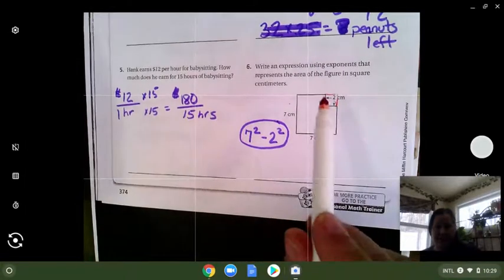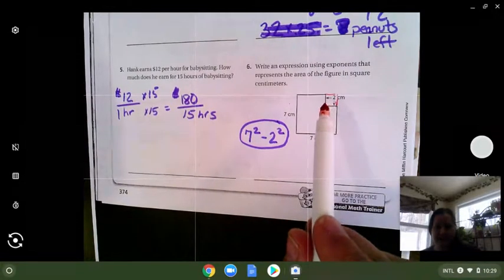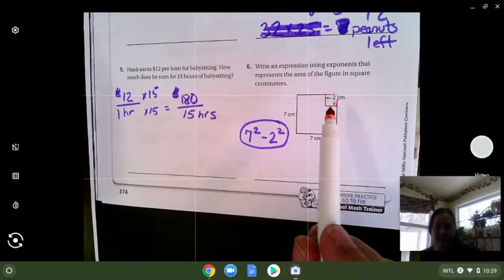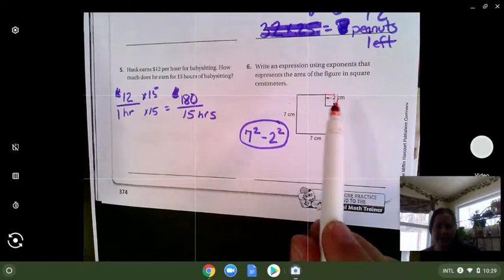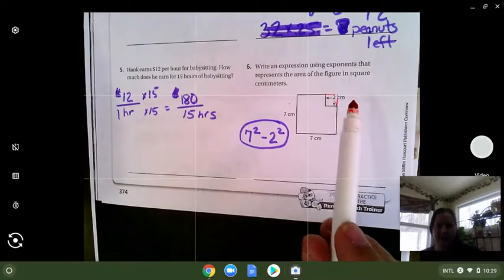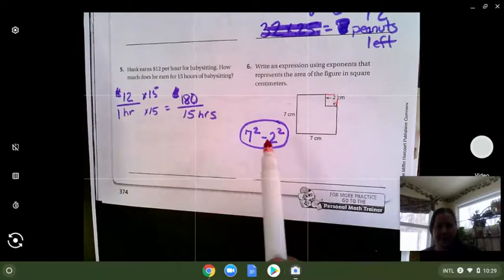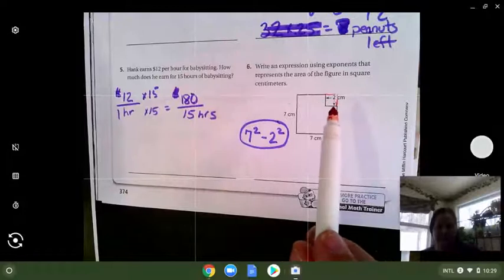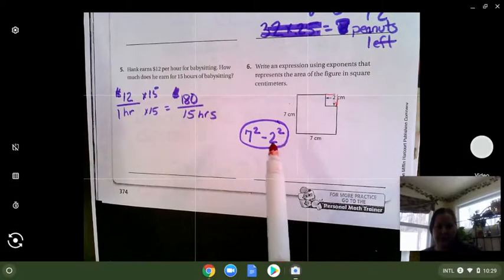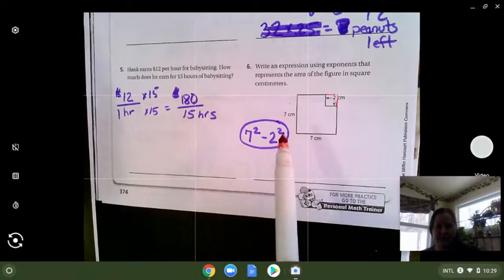Now, but we have that little square we got to take away. So this side of the square and this side of the square are both 2. So to find the area of this little part of the square, we say 2 times 2 would give us the area, and that's going to be subtracted from the main square. So 2 times 2 can be represented with a 2 in the exponent.